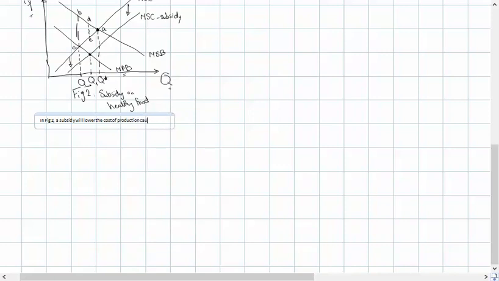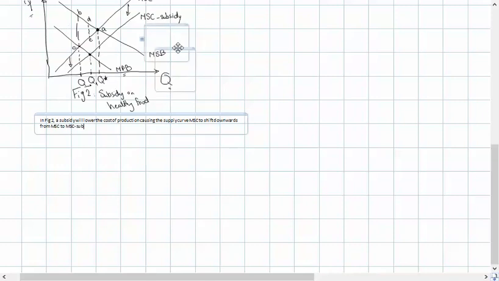causing the supply curve MSC to shift downwards from MSC to MSC minus sub, and we could have written this as minus subsidy.